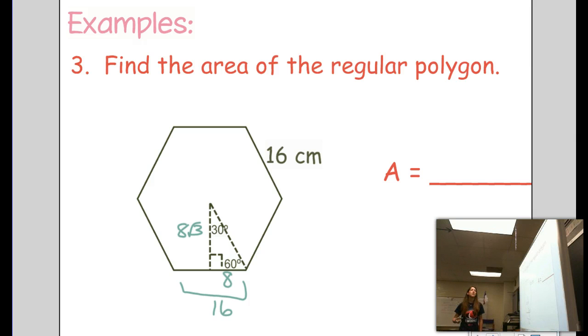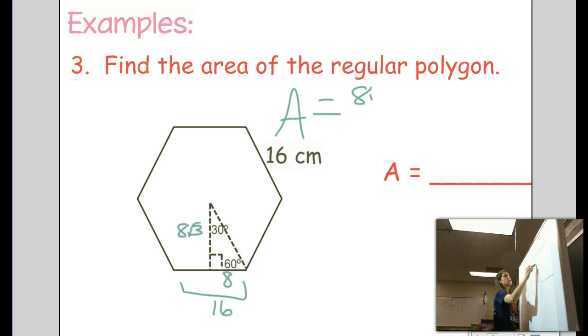So, apothem is 8 root 3 times perimeter. Louis C., what's the perimeter? Each side is 16, and there's 6 sides. What'd you get? 96, thank you, good job.